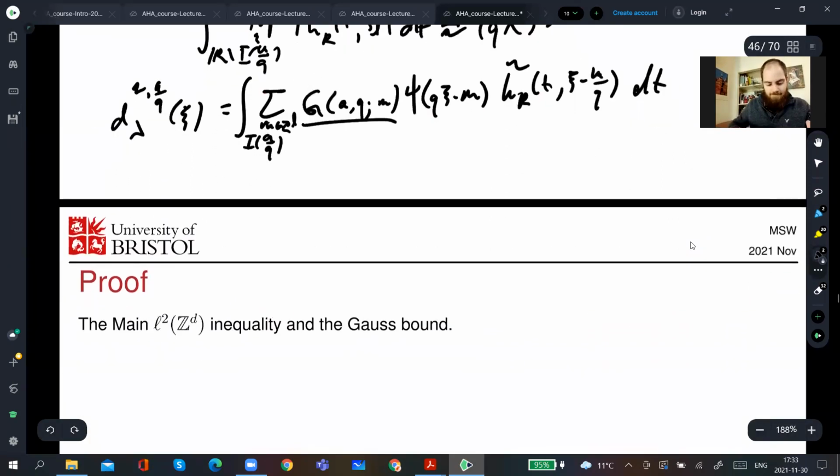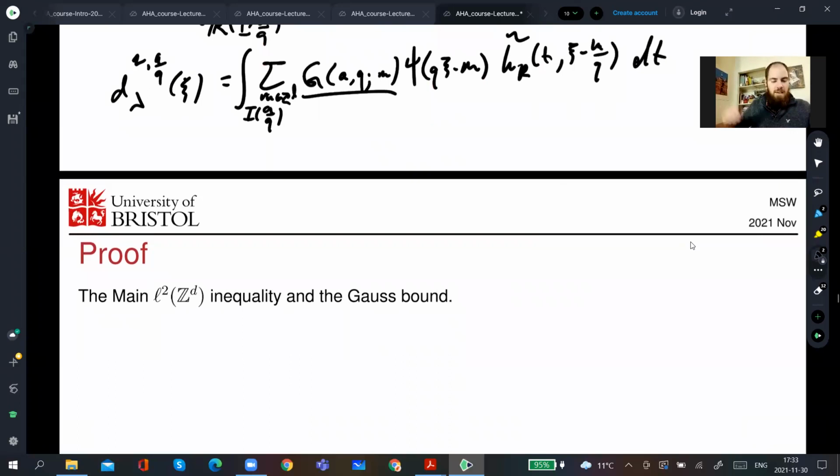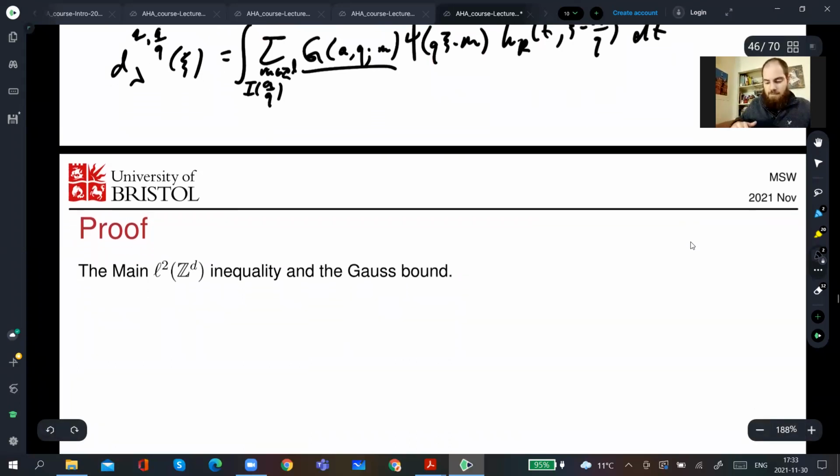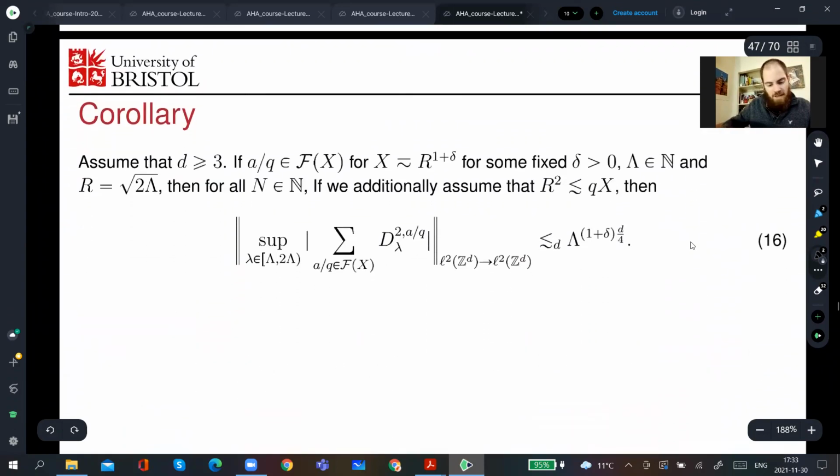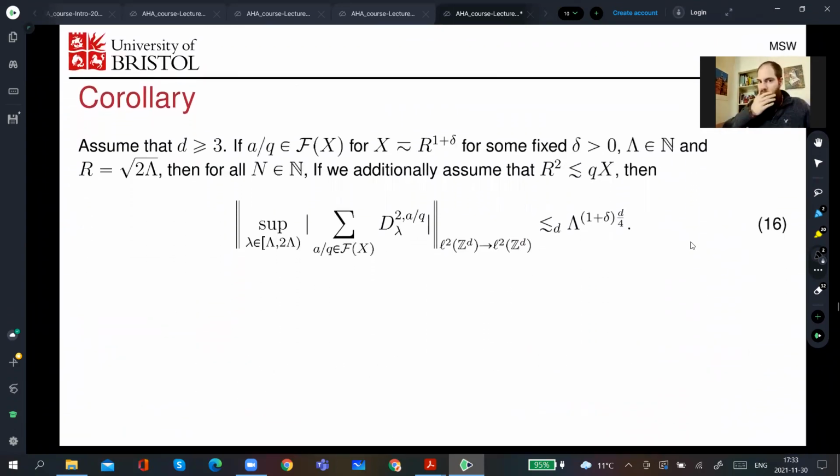Cool. And as I've noted here, it's just the main L2 bound and the Gauss bound. So as a corollary, choosing our thresholds as I've indicated before, we have something, with a constant depending on delta as well. We have basically square cancellation again.